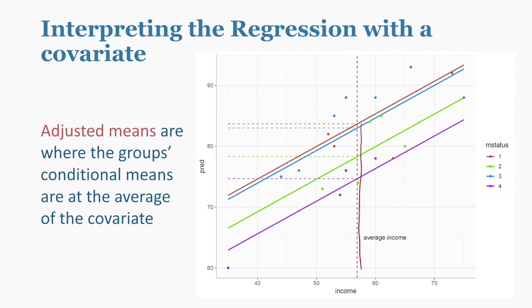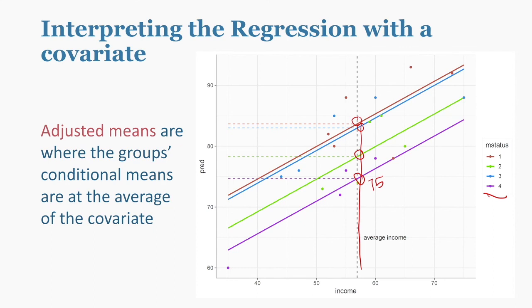And seeing where it intersects with each regression line. So at these points about there. So for widowed, which is coded as 4, it looks like the adjusted mean could be about 75.